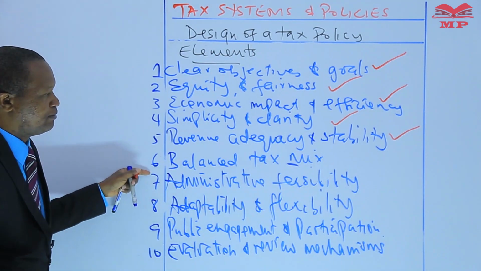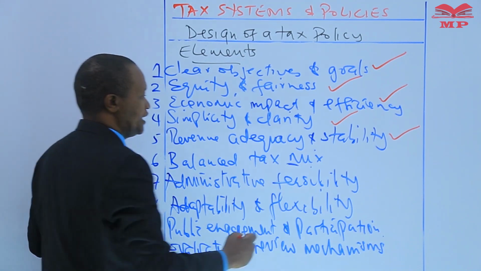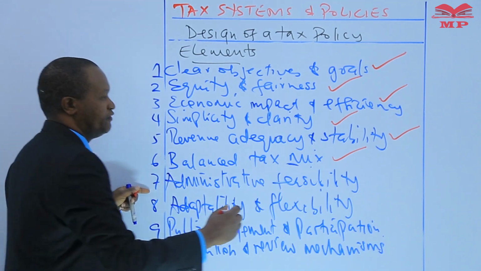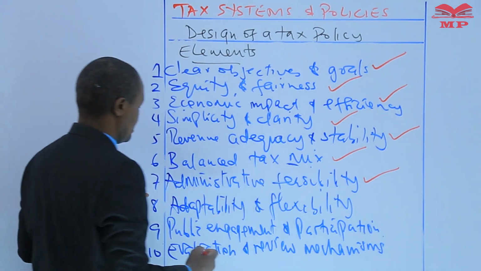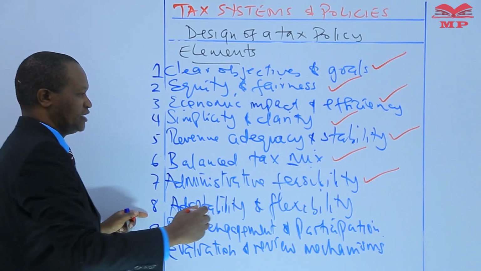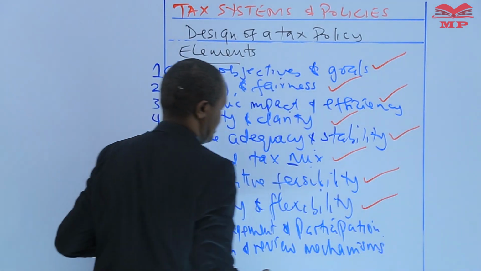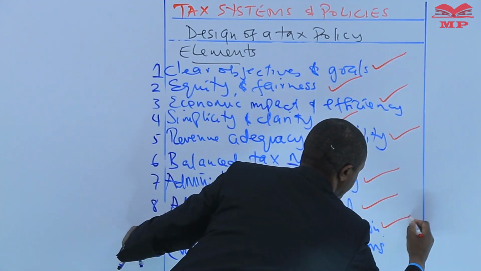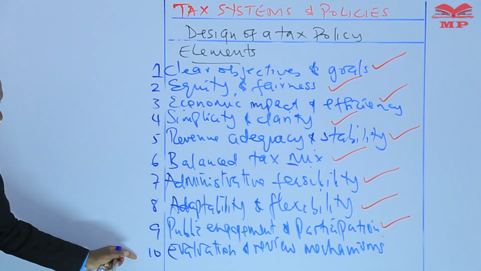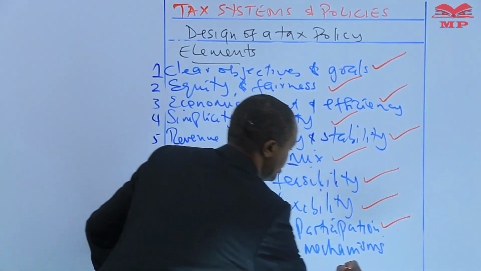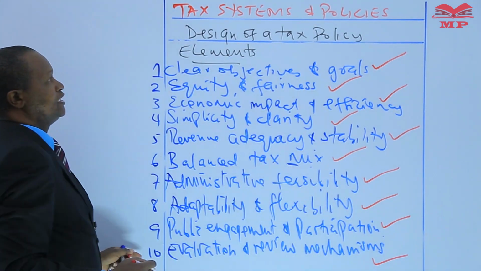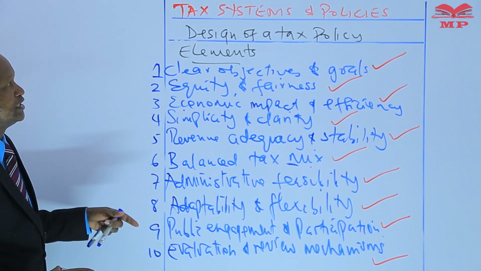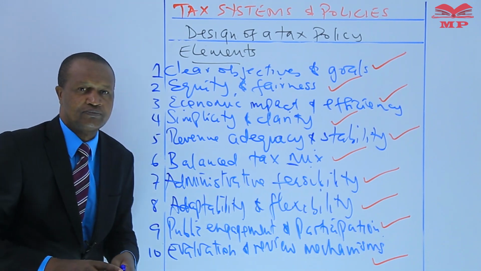Number 6, balanced tax mix. Number 7, administrative feasibility. Number 8, adaptability and flexibility. Number 9, public engagement and participation. Then lastly, evaluation and review mechanisms. These are the elements that ought to be considered when designing a tax policy.